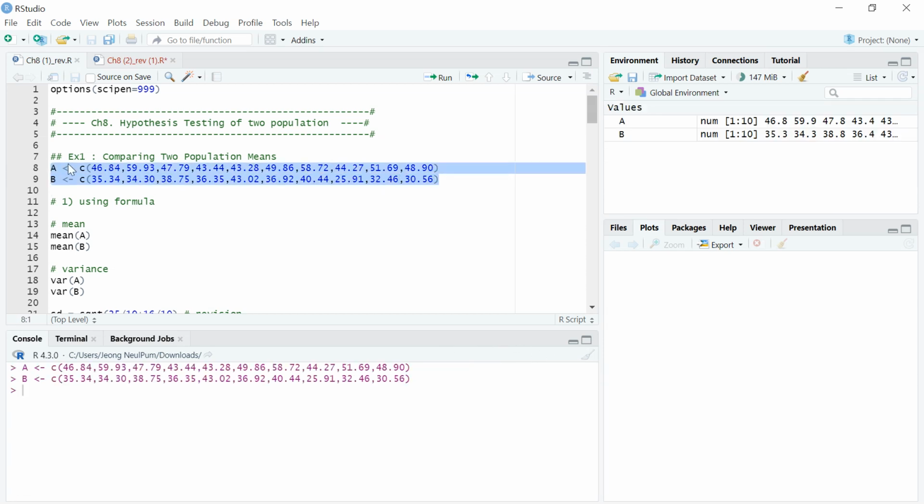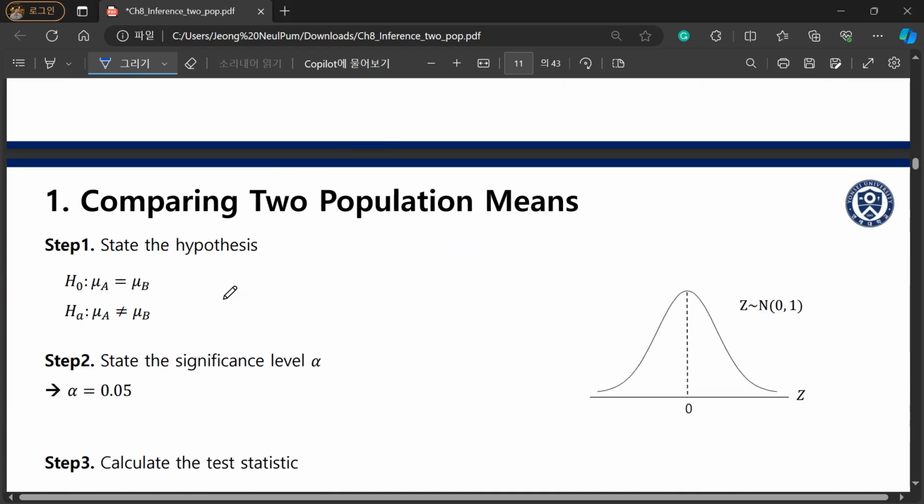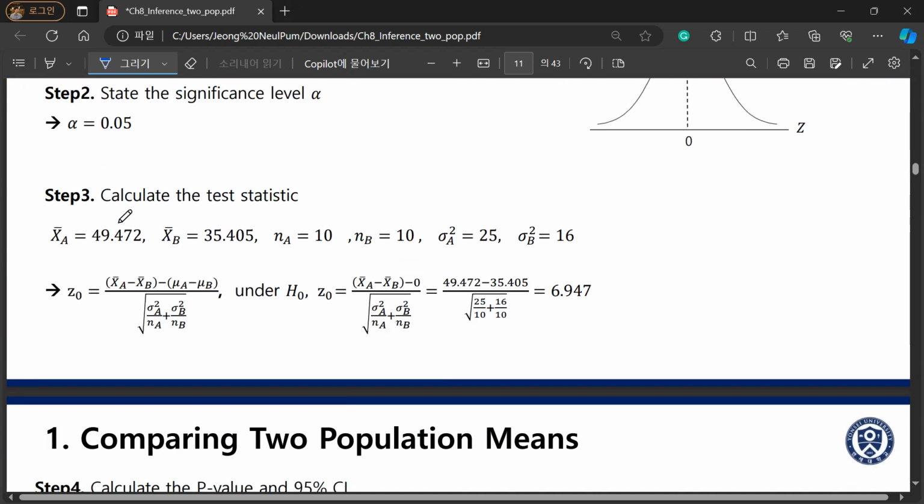So after you run this code, you can see that you have two variables full of your own values, as this problem suggests. And we know that this statistic follows the normal distribution.